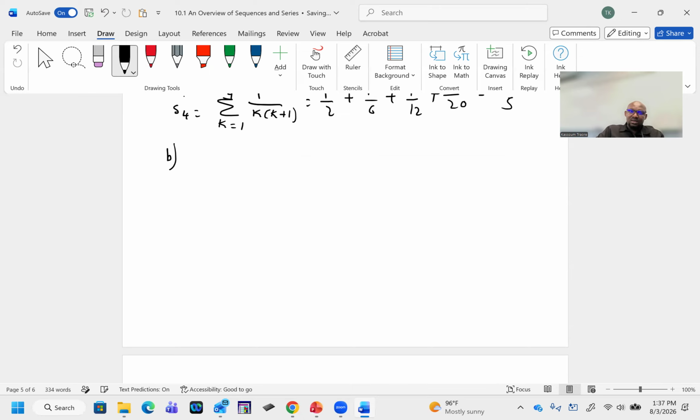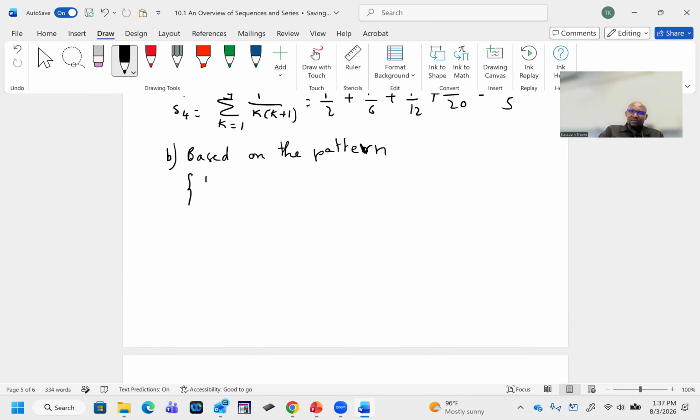So based on the pattern in the sequence of partial sums, because the pattern says what?